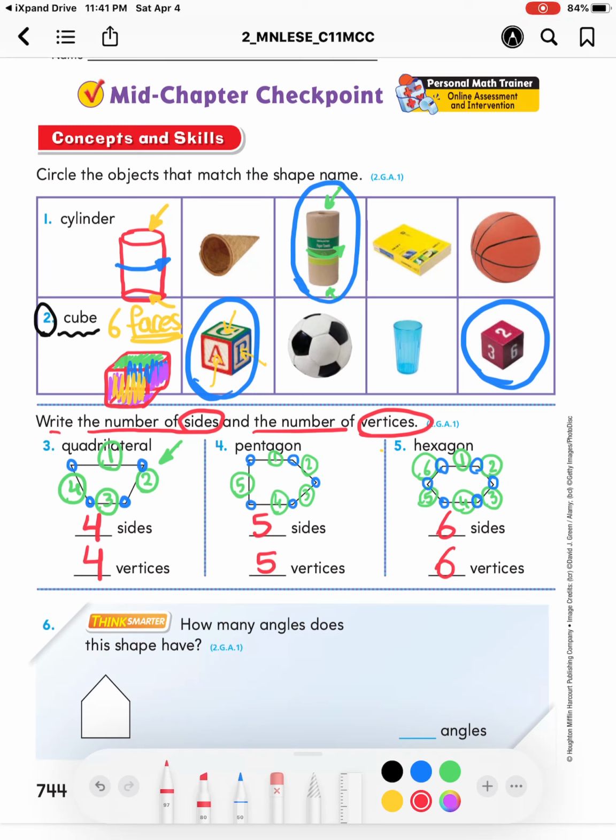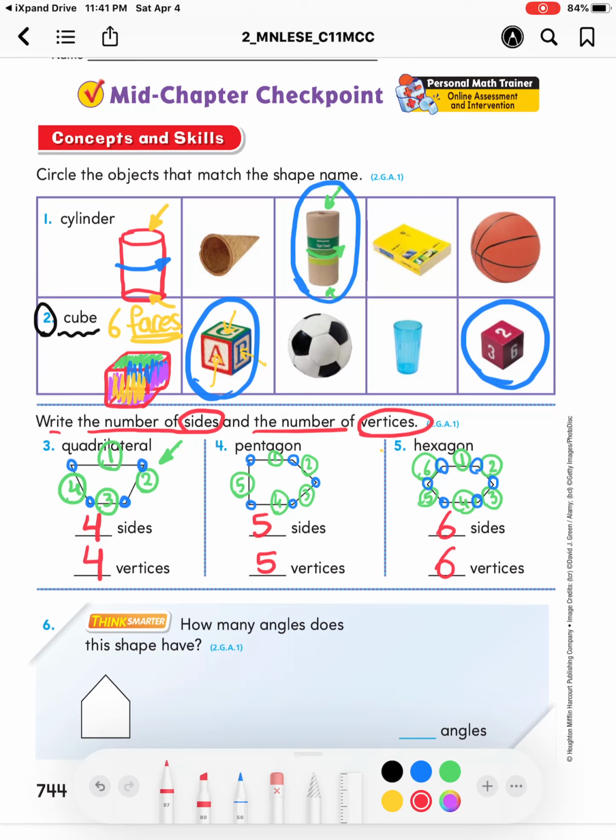So here we can notice that a quadrilateral has 4 sides, 4 vertices. So the number of the sides equal the number of vertices. For a pentagon, which has 5 sides, it has also 5 vertices. So the number of sides equal to the number of vertices right here. For a hexagon, which means a shape that has 6 sides, the number of sides is equal to the number of vertices.